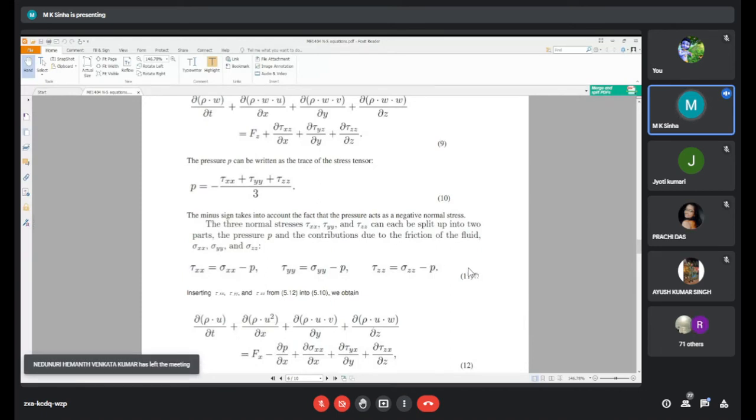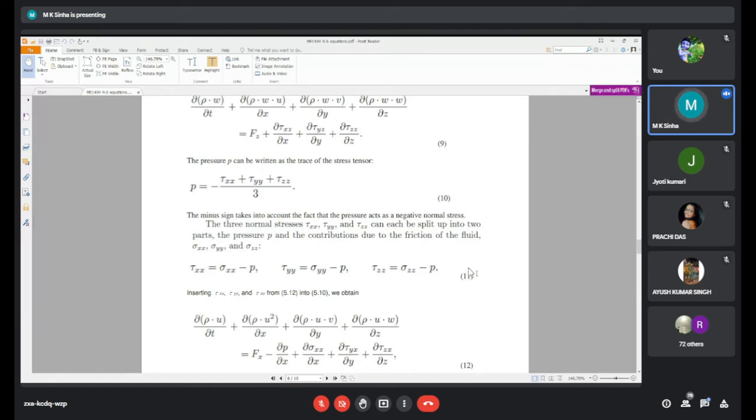The three normal stresses can each be split into two parts: the pressure and the contribution due to the friction of the fluid. So tau xx is equal to sigma xx minus p. Sometimes I told you sigma and tau, it doesn't matter, normal stress or shear stress. If we give the double subscript, then both are equal, meaning sigma and tau are the same.